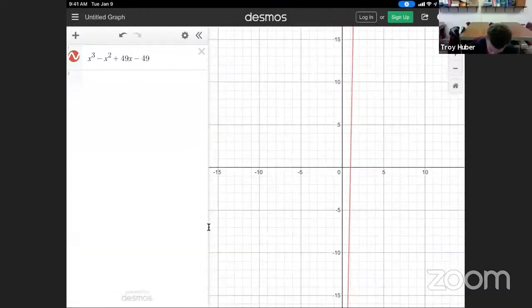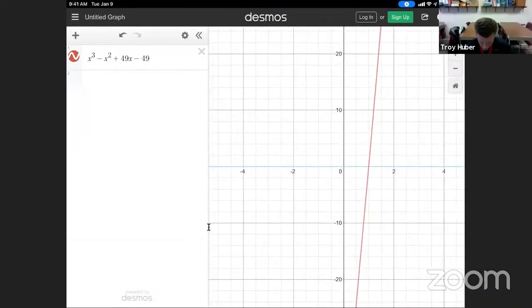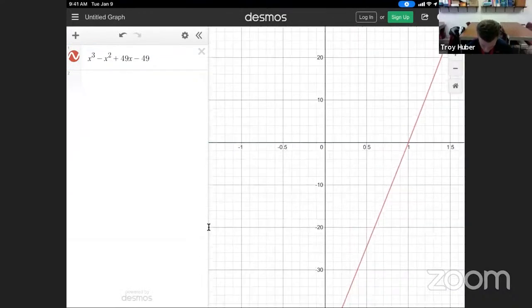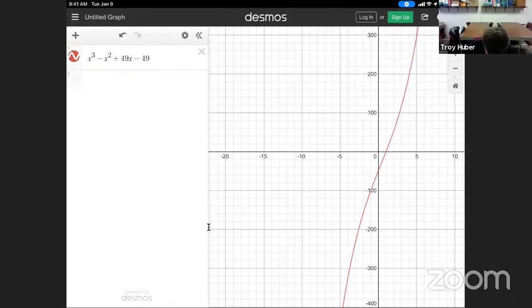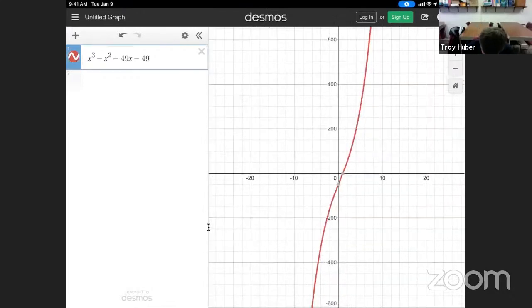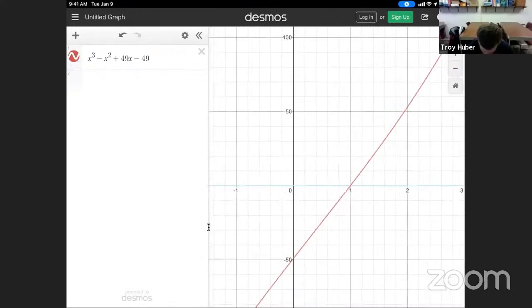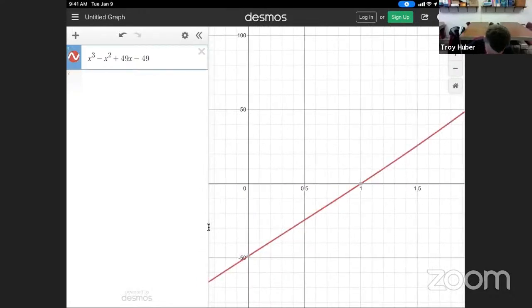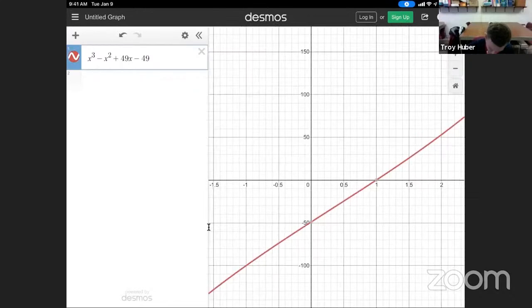Okay, now you can kind of change your window around a little bit so that you can see it a little better. Okay, but we are interested in this x-intercept.